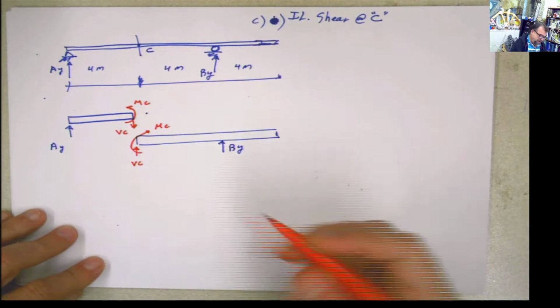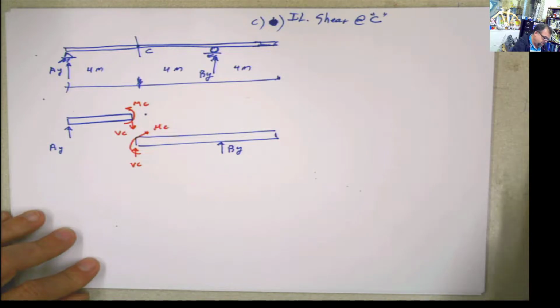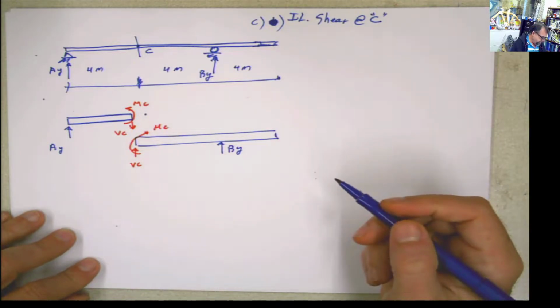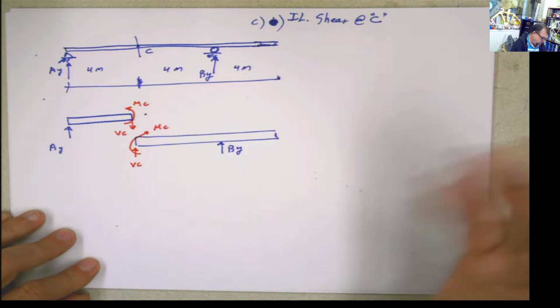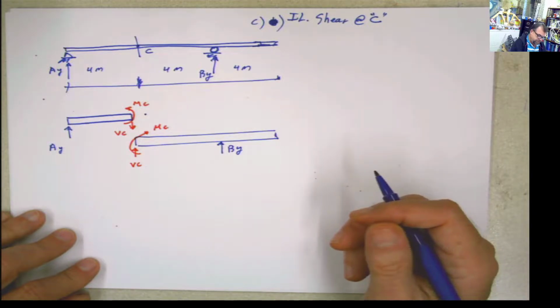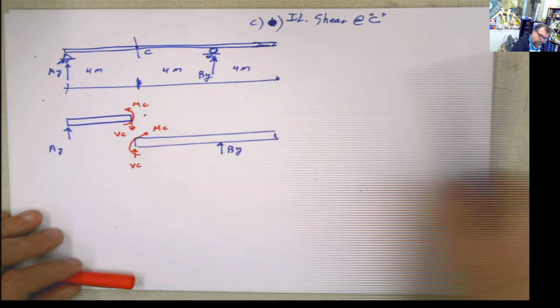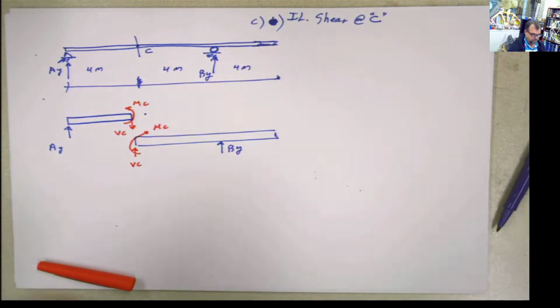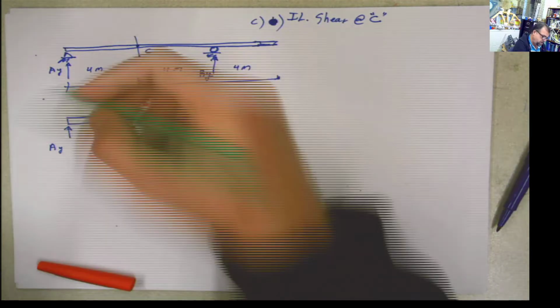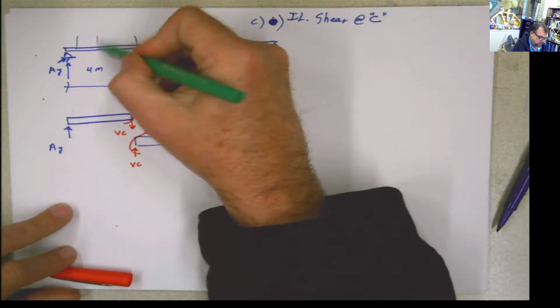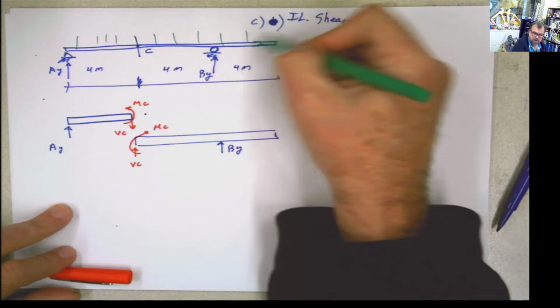Now, what happened here, in case you haven't still thought about it, which you should, completely and totally, is we have a moving load, and that moving load is changing positions here.